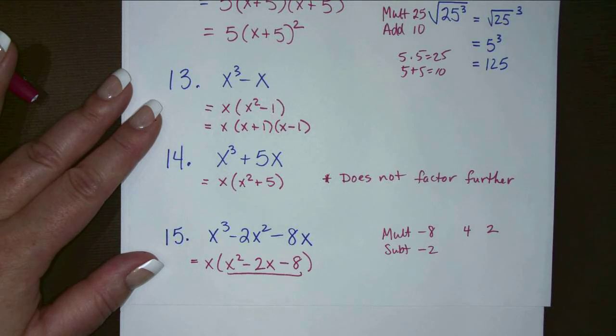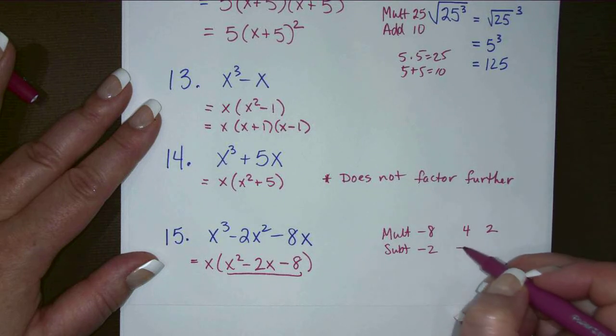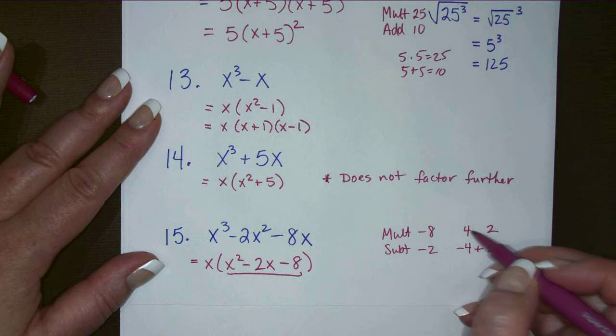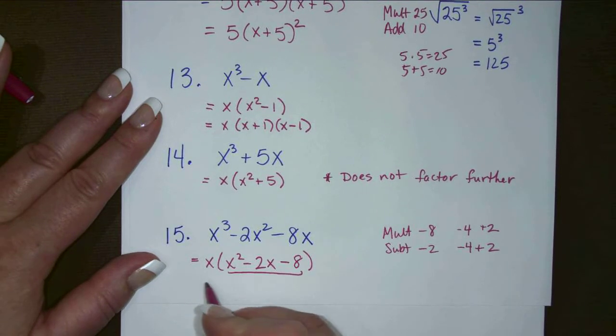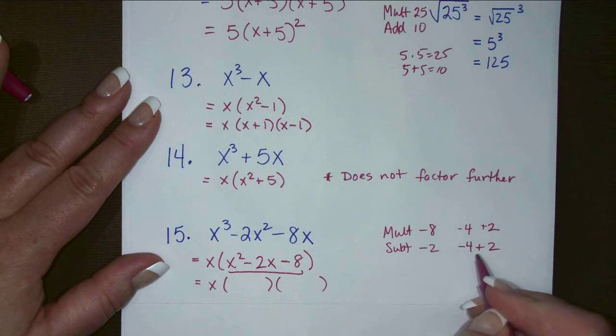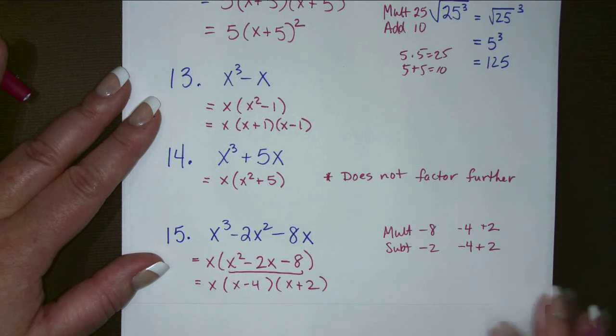That x was already factored out. So now we're trying to factor the new polynomial. So 4 and 2 give 8, and they subtract to give negative 2 if one is negative and one is positive. So this will be x. You don't want to forget it, because this is going to have 3 factors. X minus 4 and x plus 2, in whatever order you want.